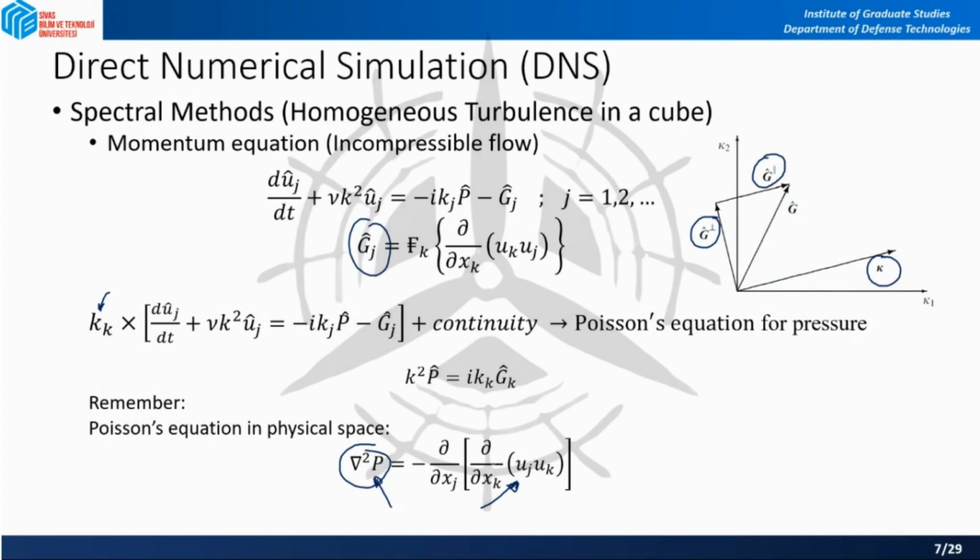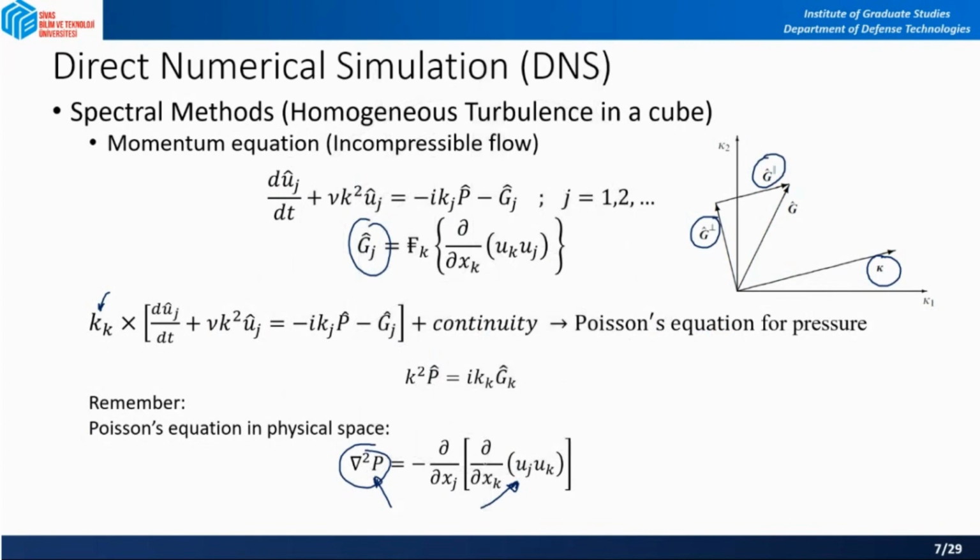The thing is, if you do this exercise, this multiplication of k with this, and then use the continuity equation, you will get the transformed form of the Poisson equation in wave number space, which is this one. So you can do this.